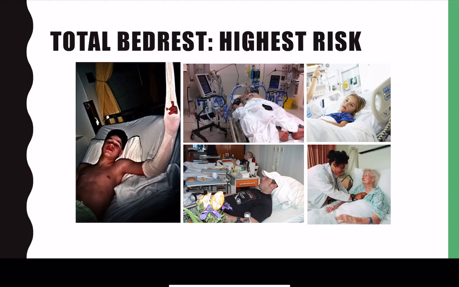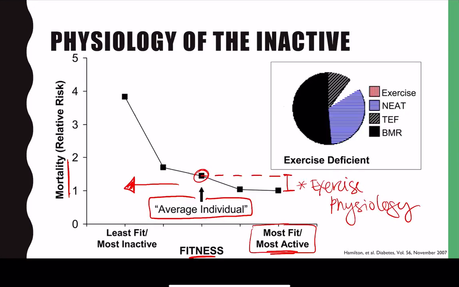It's probably a more severe form of inactivity. So I will present this data as the physiology of inactivity, but please know where it comes from. It comes from mainly bed rest studies or anti-gravity, which might be a slightly more severe form of inactivity. But hopefully these early slides show how the physiology of inactivity is a severe thing. Increasing sitting is creating an extreme environment that's promoting disease and metabolic disease.